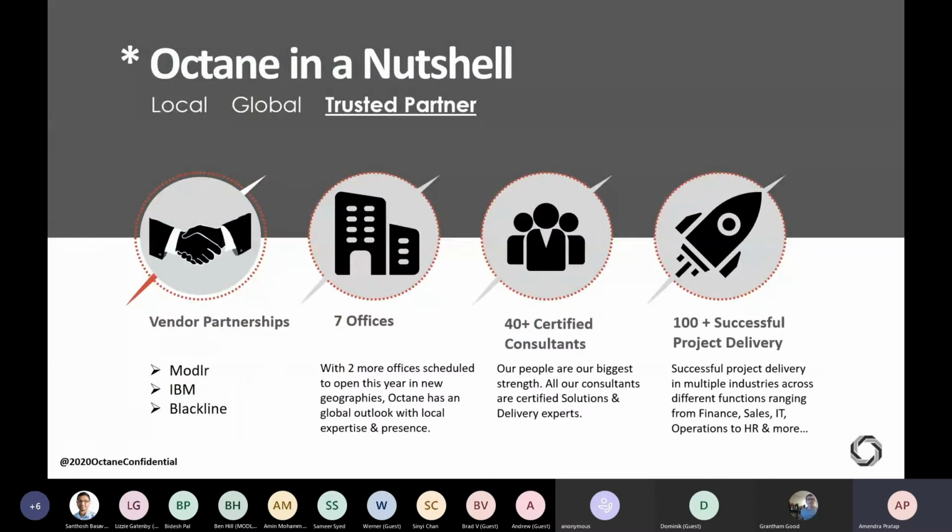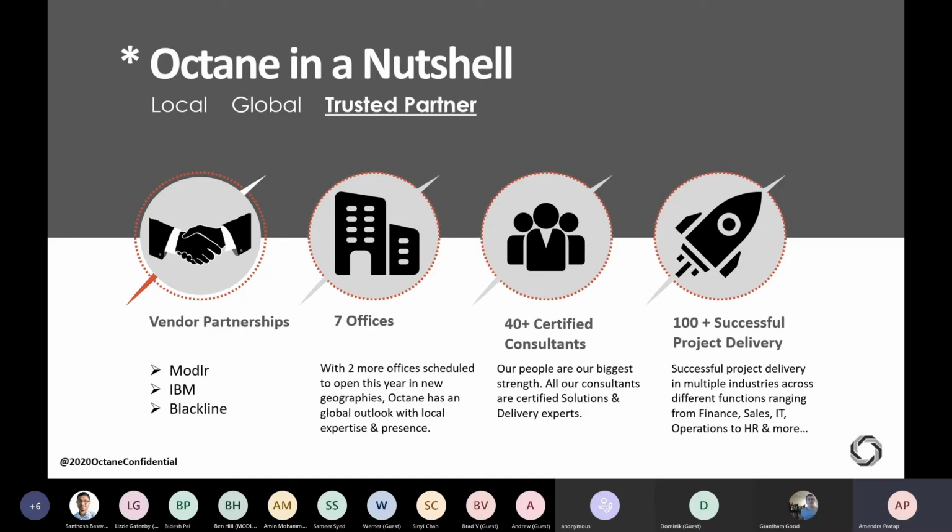A bit more about Octane. We are partners with 3 main vendors: MODLR, IBM, and Blackline. Blackline is a financial automation tool. We now have 7 offices around the world. We were scheduled to open 2 more offices this year, but as everyone is acutely aware, due to COVID, travel has been non-existent, and we have put our plans to open further offices on hold at the moment.